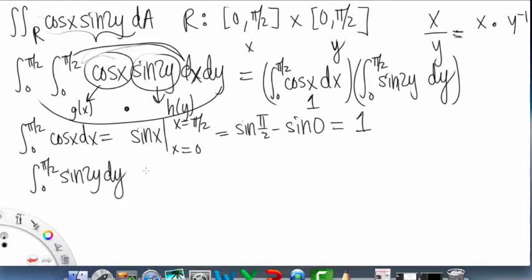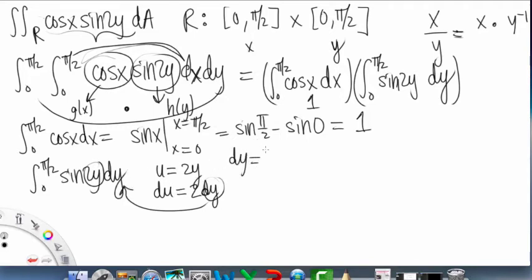Okay, so here we see that a u substitution will come in handy. So we make our u be 2y, this part, and our du is then, we just take the derivative, so 2 dy, and then what I like to do is get dy by itself, so I can just substitute it in directly. So dy by itself is divide the 2 over, so we get du over 2.